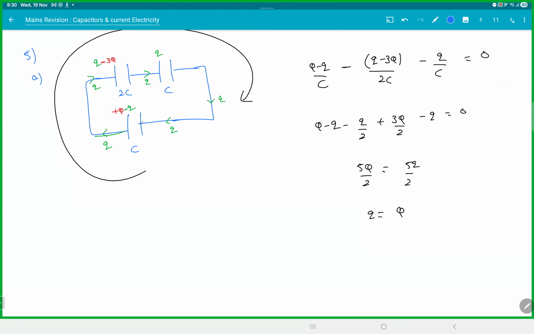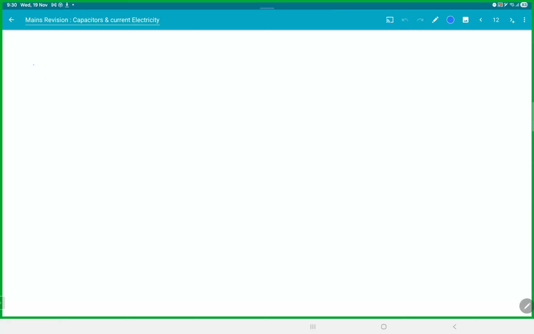The same thing, let me tell you how they'll frame it in Mains level. They will say there are two capacitors, 2 microfarad, 100 volt. Then another capacitor, 3 microfarad, 50 volt, connected in reverse polarity. Find the new voltage. Meaning positive is connected to negative, negative is connected to positive plate.